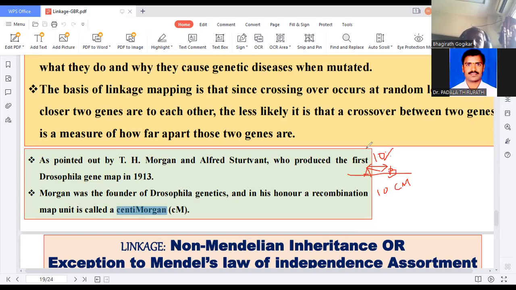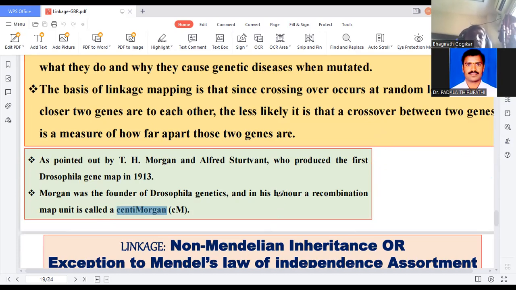So 10% crossing over between two genes means the distance is 10 centimorgan. If 15% crossing over, then 15 centimorgan. The percentage of crossing over reflects the distance between the genes. You can remember this point.